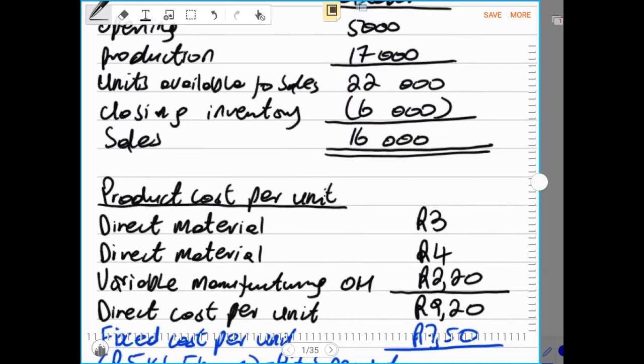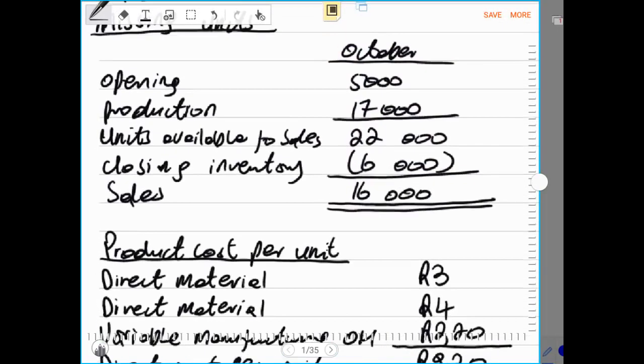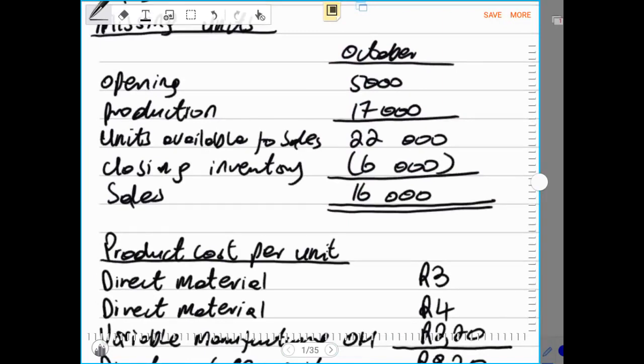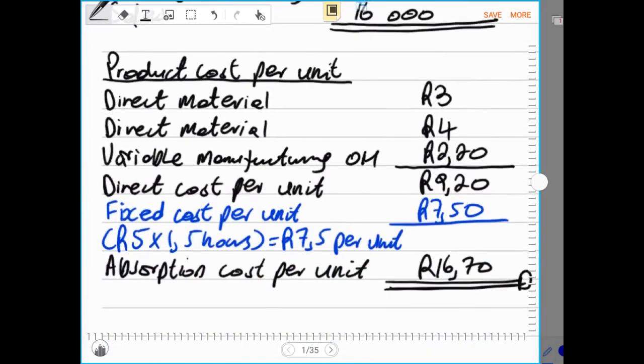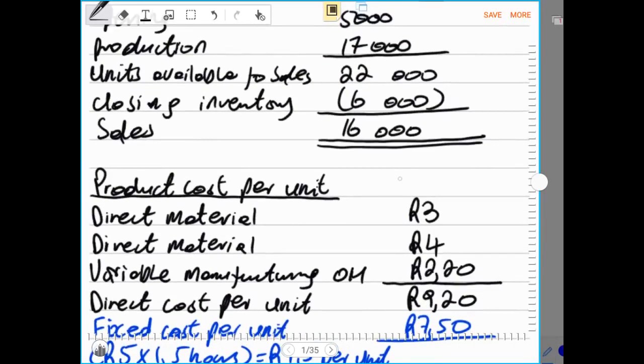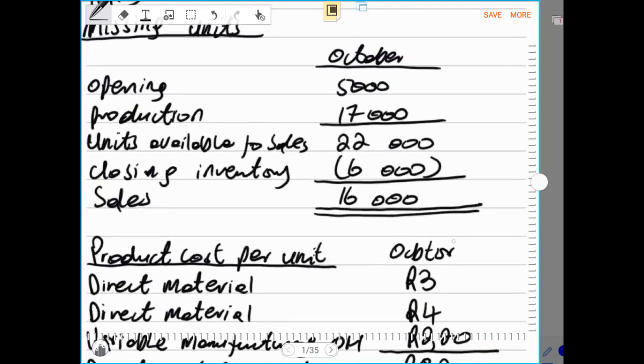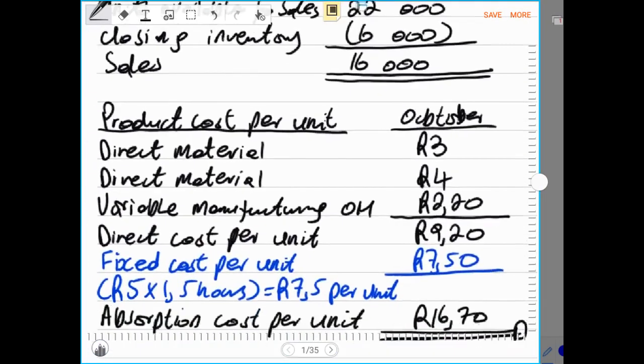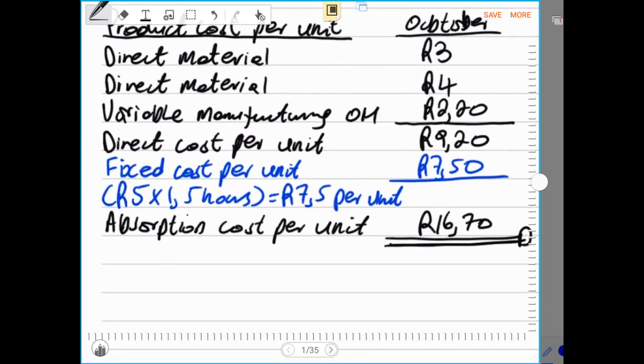So the minute we have calculated the missing units, more especially the units sold, and we have calculated the cost per unit for the number of months, which in this case is only the month of October, we can now calculate both income statements that were required.